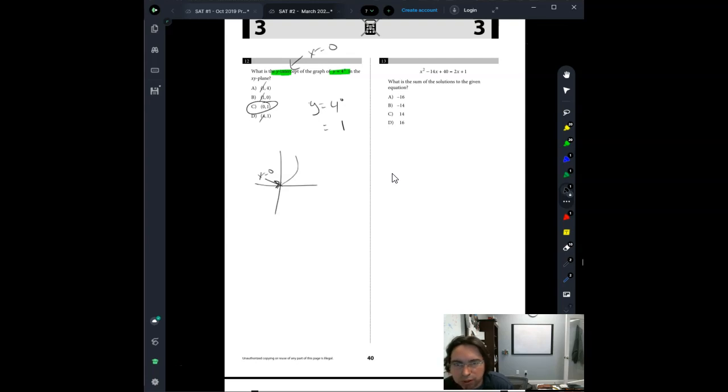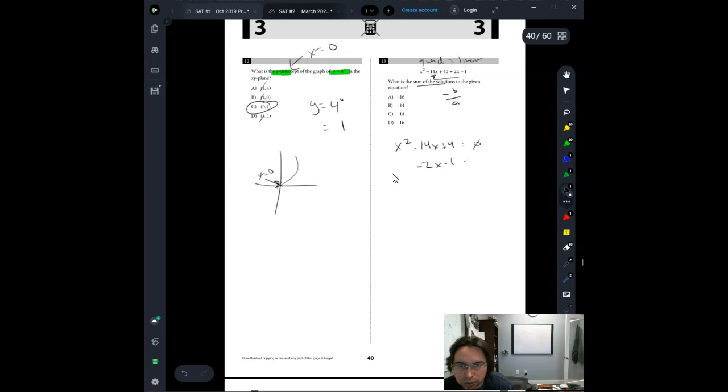Okay, what is the sum of the solutions? Remember, when we're talking about the sum of the solutions, we have that formula of negative b over a of our quadratic term. But we notice here that we have a quadratic equivalent to a linear, so we have to move all of this over. Now we've got x squared minus 14x plus 40, and we're going to subtract the 2x and subtract the 1.